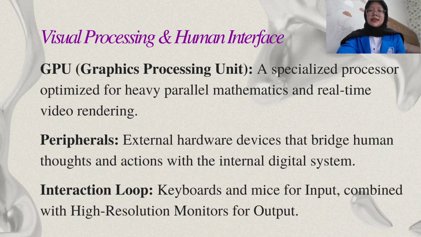To complete the hardware ecosystem, let's look at slide 9. Here we cover the visual processing and human interface. The GPU is a specialist processor designed to handle heavy parallel mathematics, which is critical for rendering image and video.